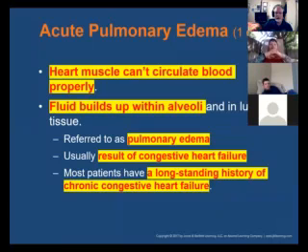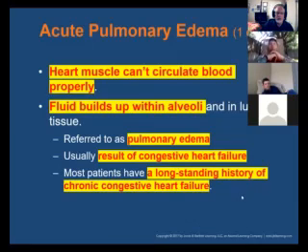Fluid is pushed out through those capillaries, and that fluid then accumulates and becomes a blockage, so that eventually it starts to back up into the airways, and then that person can even start coughing up this frothy, blood-tinged sputum.